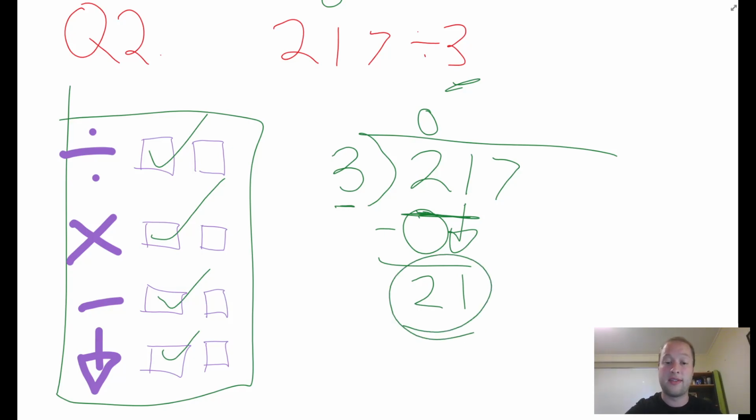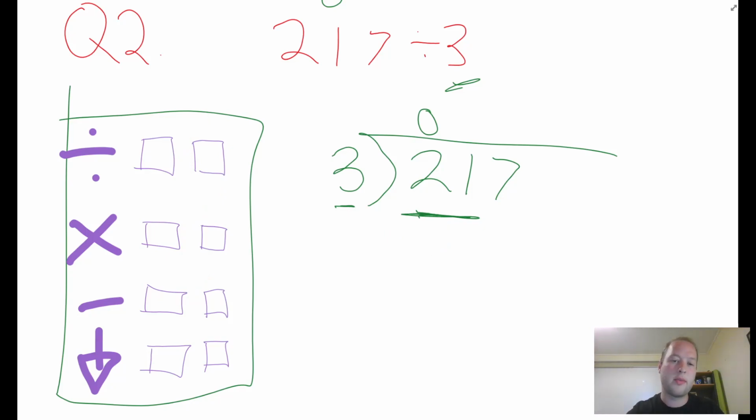So see how the answer is still 21? That's the reason why when it's the very first number in the number sentence, you can just say, okay, the answer is 0. Now let's go to both digits rather than 1. And if it still didn't work, you go to the third digit and do it in the hundreds.